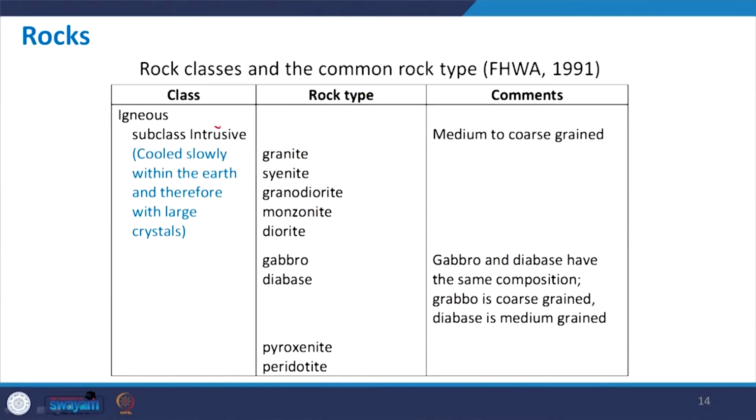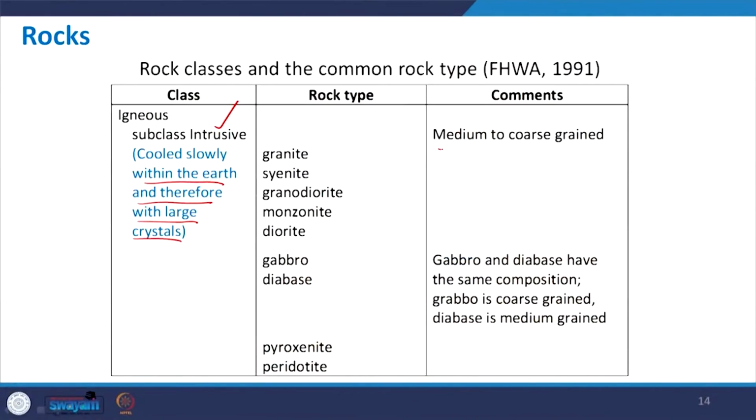Then the second subclass is intrusive. This cools down within the earth and therefore it has large crystals. The cooling is slow and therefore it will have large crystals. This will be medium to coarse grained, as against fine grained in the case of the subclass extrusive.